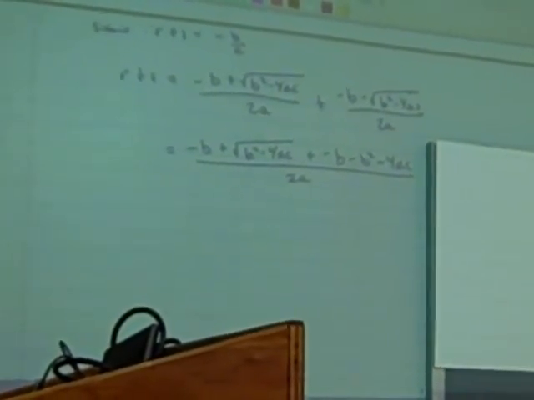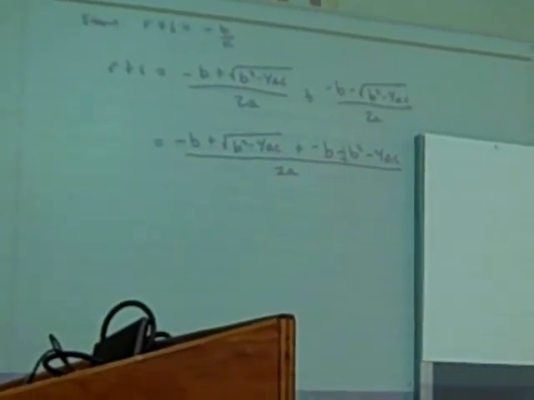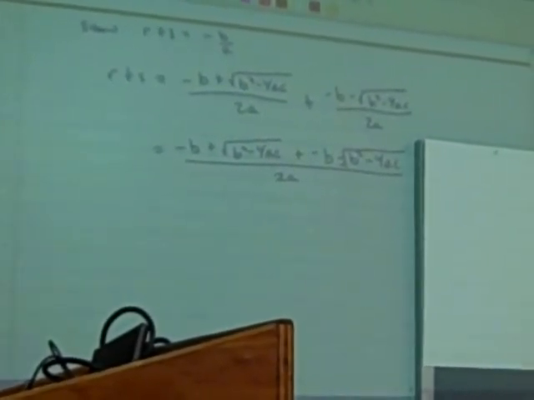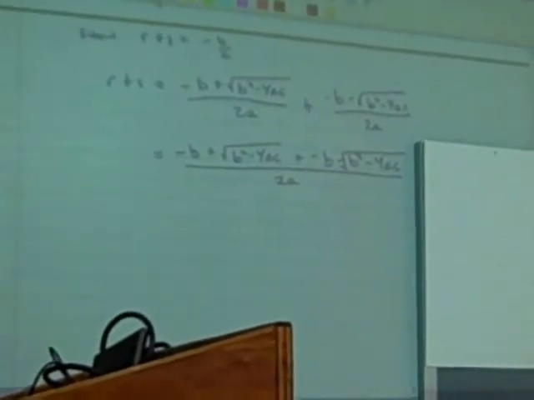What happens on top? What did you do with your square root? Oops. Good point. Lost it. Now it's back. Thank you. Now you can cancel. Now the square roots cancel, right? Got a plus square root of b squared minus 4ac. That's supposed to be a minus. Let me fix that.